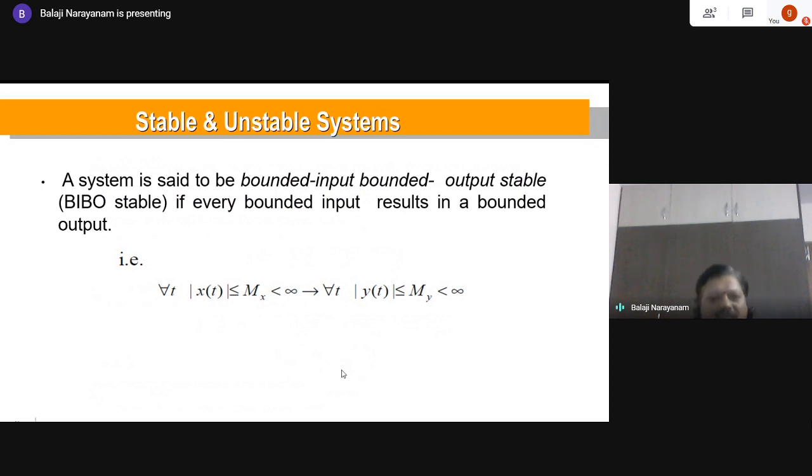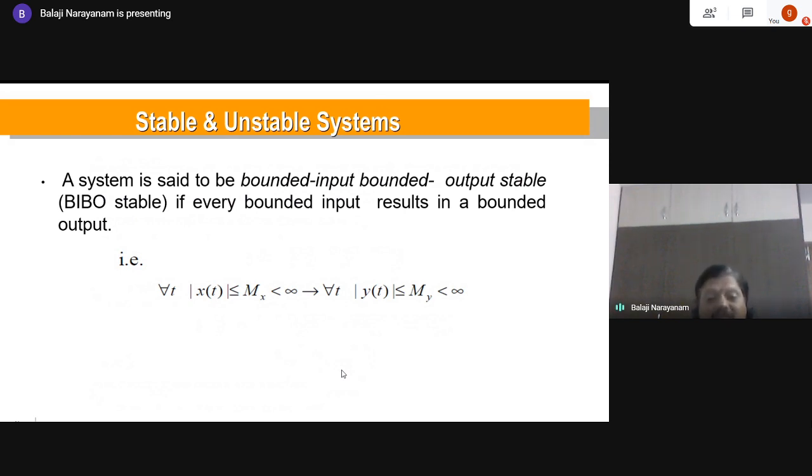So we may take the equation for this. Let us say mx is our bounded input value, and as it must be bounded in nature, it must be less than infinity. So the mod of x of t, which is the input value, must be less than or equal to mx, which must be less than infinity.